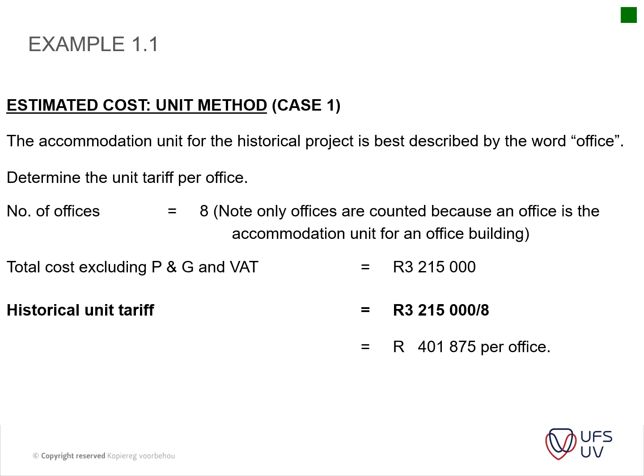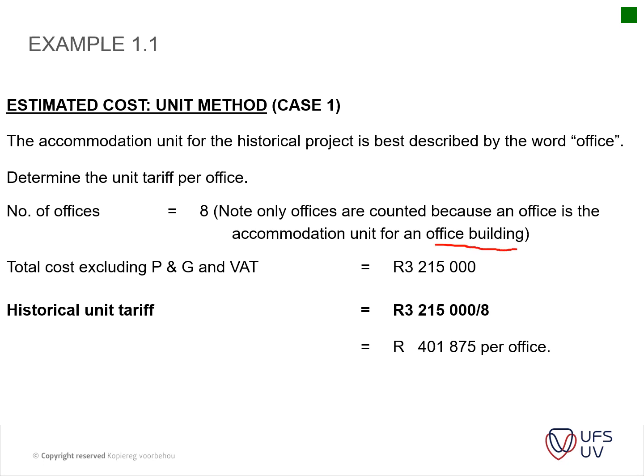The accommodation unit for the historical building is best described as an office. So to determine a unit tariff per office, we count how many offices there are. So 8 offices. Note, only offices are counted because an office is the accommodation unit for an office building.